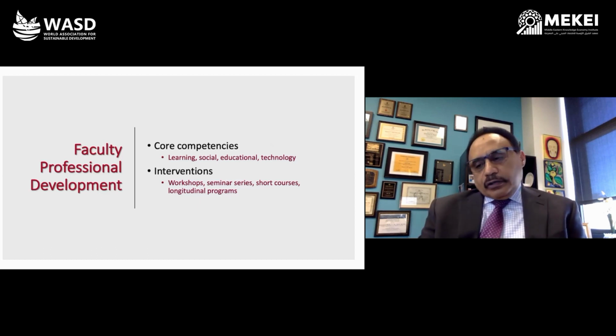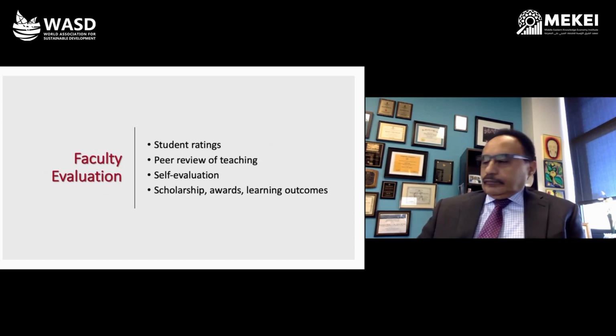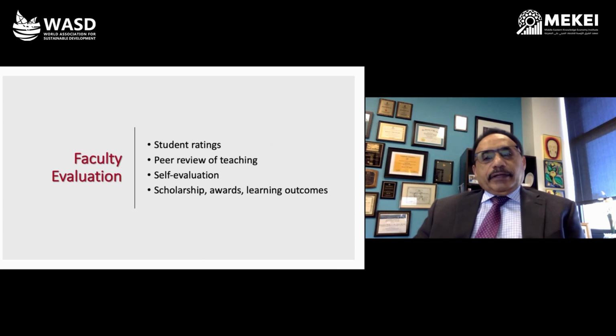So, okay, we deliver all these interventions, then we would like also to know, did the faculty acquire that? And part of that is through faculty evaluation. So usually the evaluation of faculty has been done by student rating, peer review of teaching, and self-evaluation.